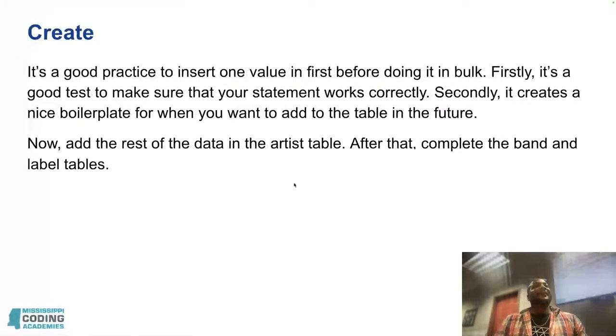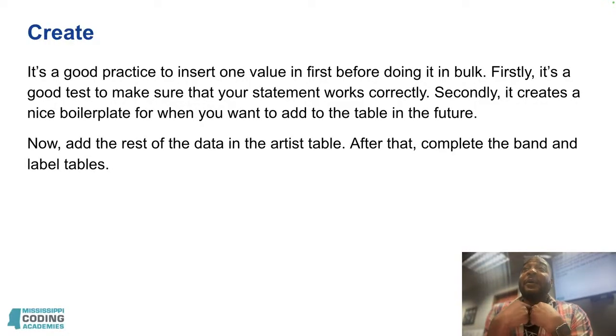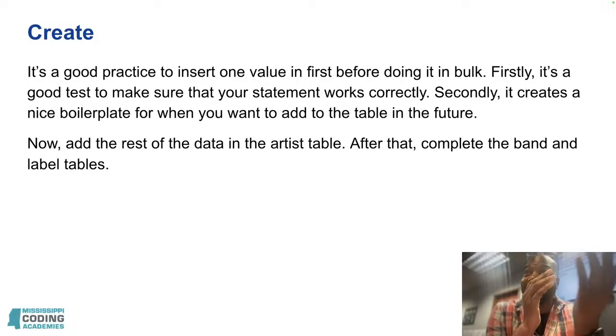Yes. All right. As one of my rules, when I'm entering information, it's always a good practice to insert one first before you do it in bulk. One, you want to make sure that it's working correctly, which we had to do.